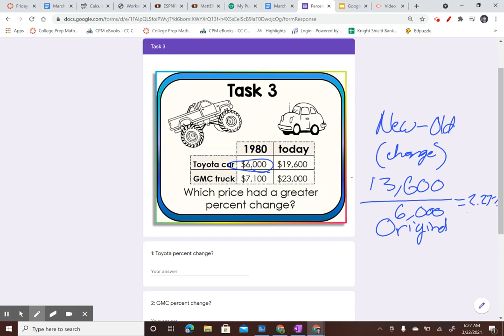All right, so now I need to multiply this by 100 or move that decimal place over 1, 2 spots. And that's going to give me 227% increase. And this is when I round. So I'm going to go ahead and put that in for my Toyota percent change, 227%.